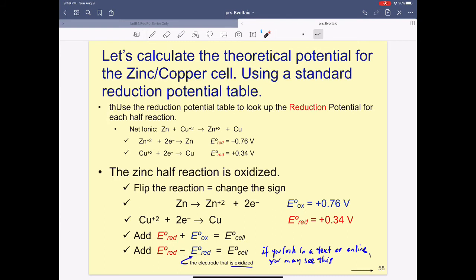That seems a little confusing to me. The fine print, of course, is that the E reduction that you're subtracting is for the electrode that is oxidized, and so this minus sign is essentially flipping this reduction, which is negative 0.76, and turning it into the positive 0.76 for the oxidation and adding those together.